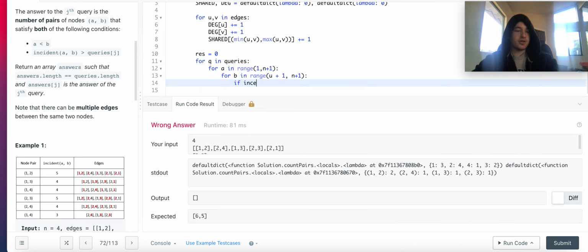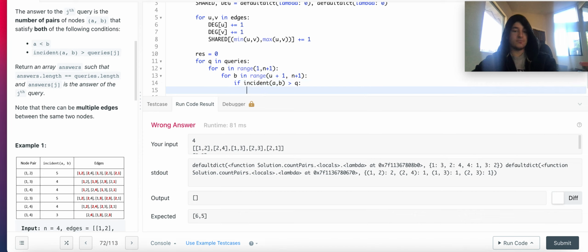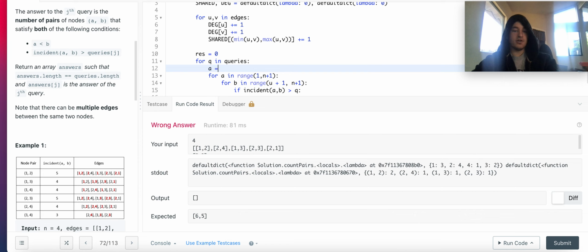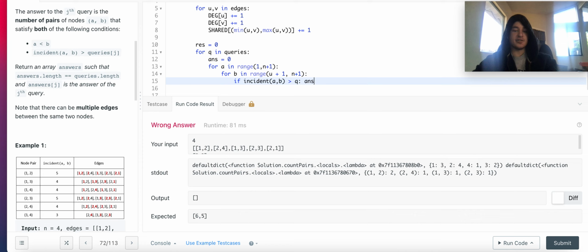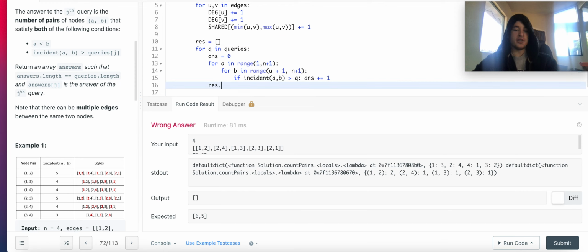Okay, we will make a function, I guess. If the incident of a and b is greater than q, where q is a query, right, we'd say, okay, let's call this answer. Answer equals 0. If that's the case, then answer plus equals 1. And then at the end, after you check everything, you say res append, so the solution append answer.